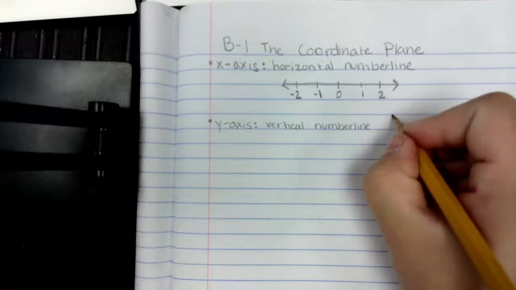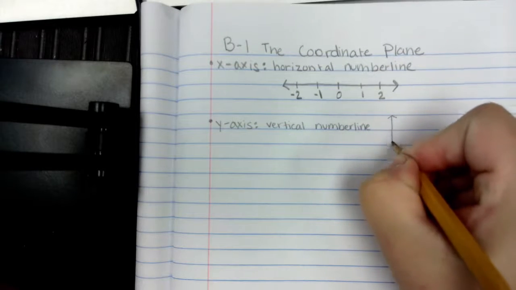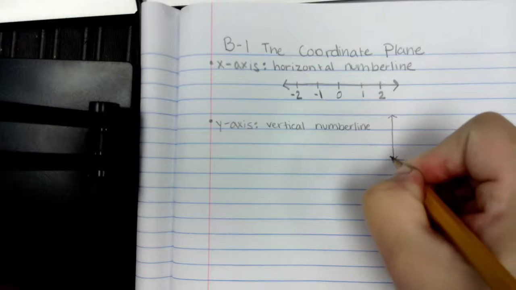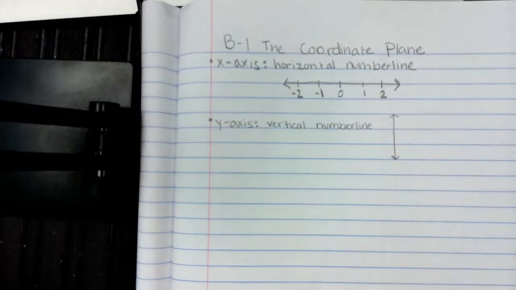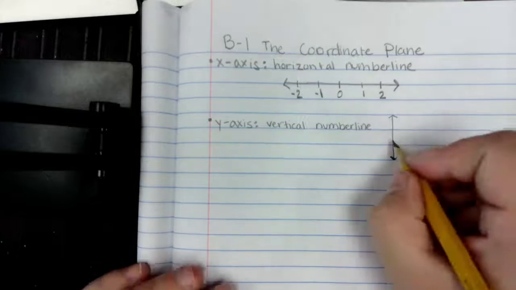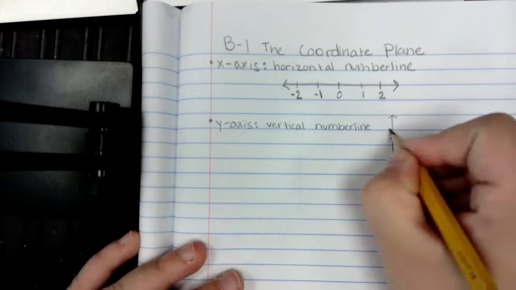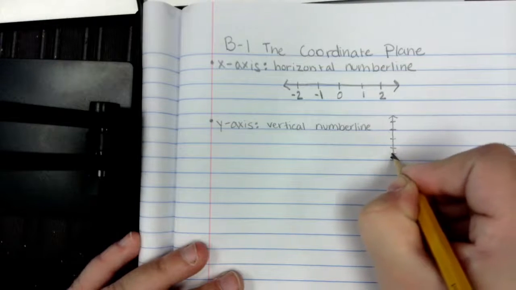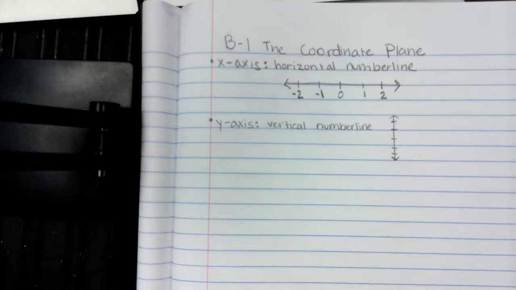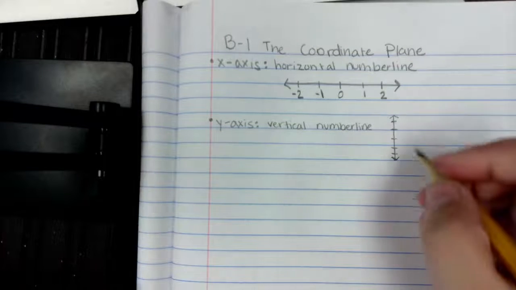So vertical means it goes up and down. I'm going to make this one a little bit smaller so it doesn't take up as much space. And again, we have tick marks. I'm going to make that middle tick mark a 0.